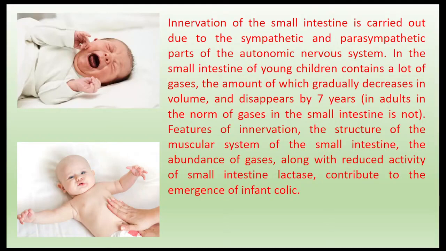In adults, in the norm, there is no gas in the small intestine, but in children younger than 7 years old, it may be present. Features of innervation and structure of the muscular system of the small intestine.